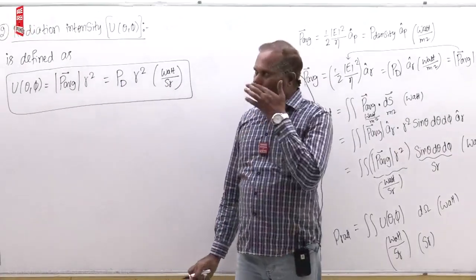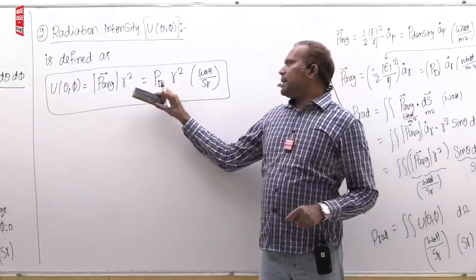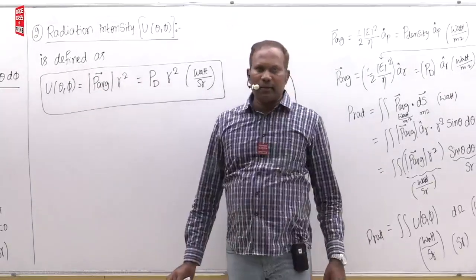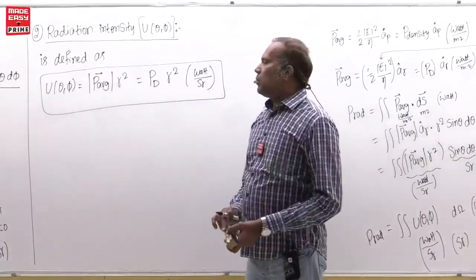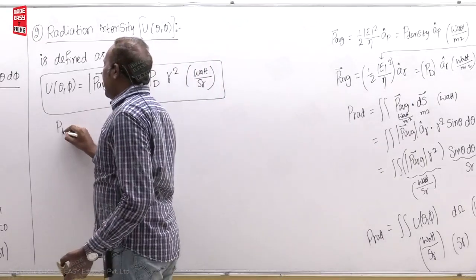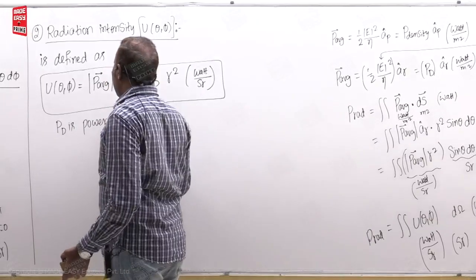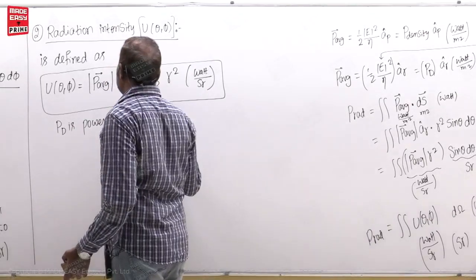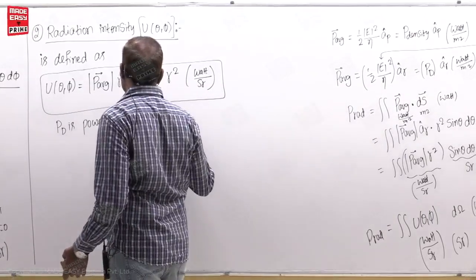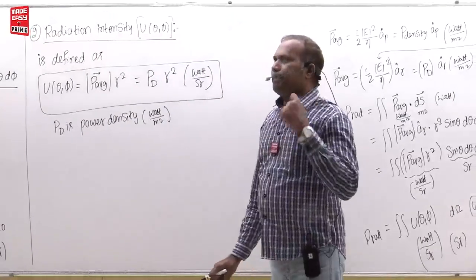Second way: if they have given the power density, multiply that power density with r square, then you also get the equation of U(theta, phi). So there are two ways to find U(theta, phi). Here PD is power density, in watt per meter square.